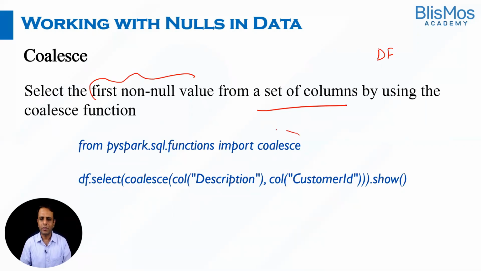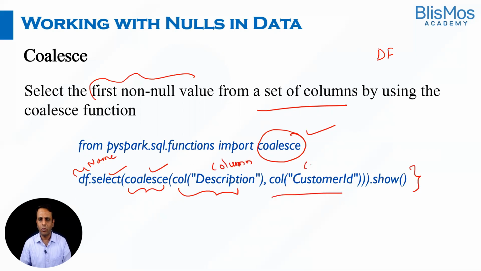As usual, it's a function which we need to import. The way we use it is, you give the name of the data frame, use the select function, use the coalesce function, and provide the column on which you are operating. If you want to give one more column, you can give that. This is the second column, and you can go ahead and show. This is how you can use the coalesce function, which will give us the first non-null value in a set of columns.